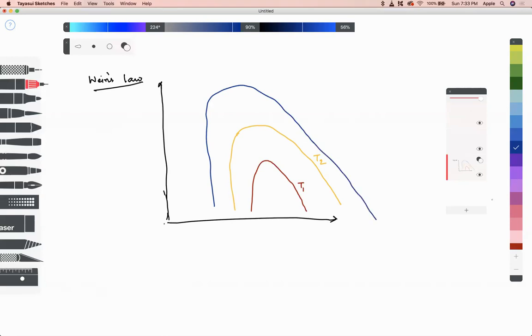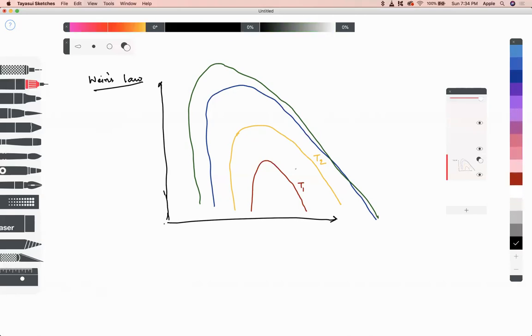If we increase it even further, we get a curve like this. Let's say this is T3 and this is T4. Definitely T4 is greater than T3, which is greater than T2, which is greater than T1. So slowly we are increasing the temperature of the body.